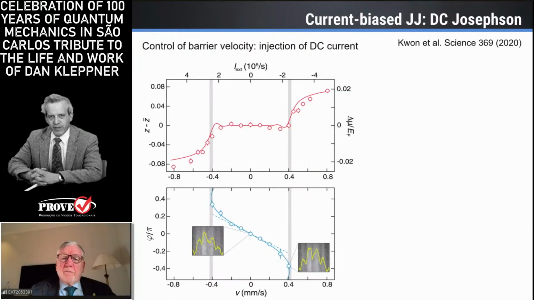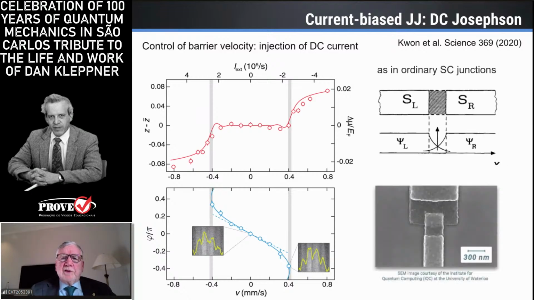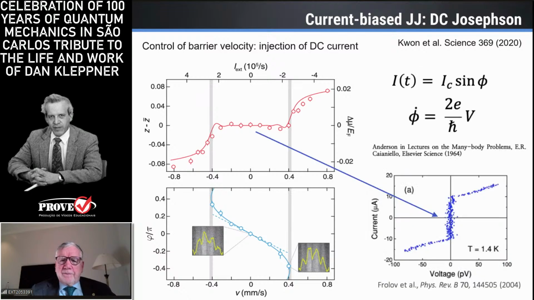You can go through the literature, because, for instance, you can change the barrier. You can create an oscillation in the barrier, reproducing what was happening in the ordinary Josephson effects in superconductors, which are very interesting, like the Shapiro effect.